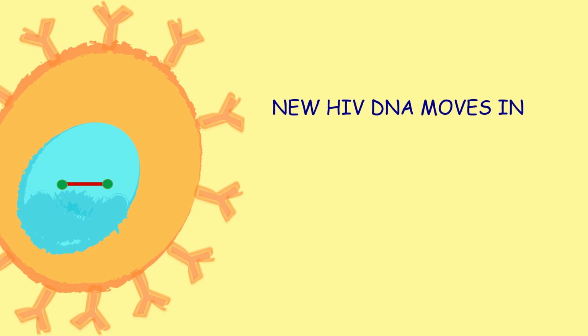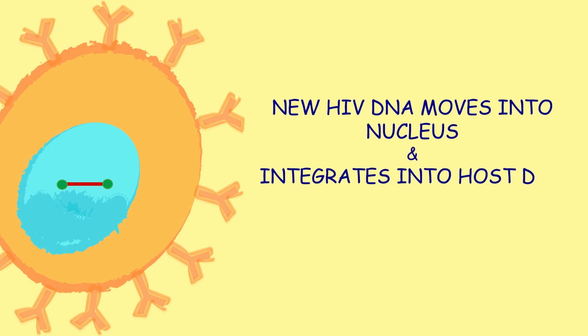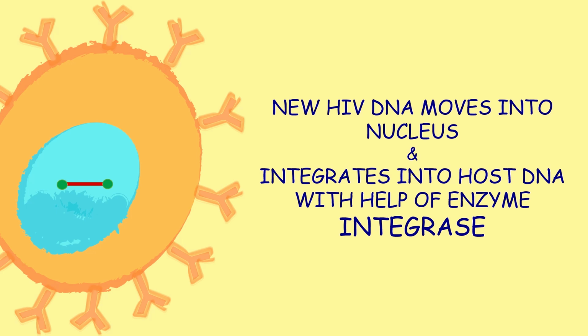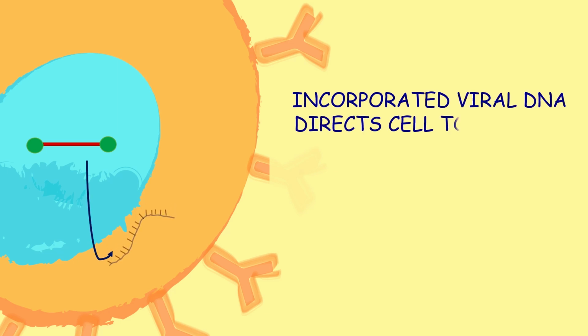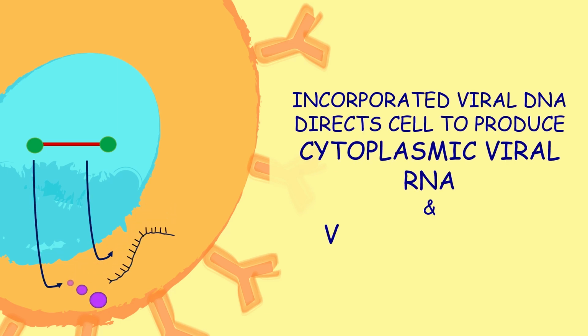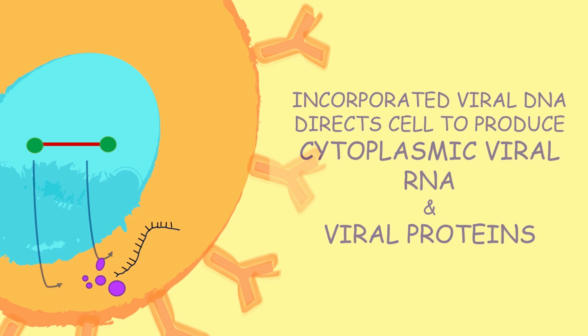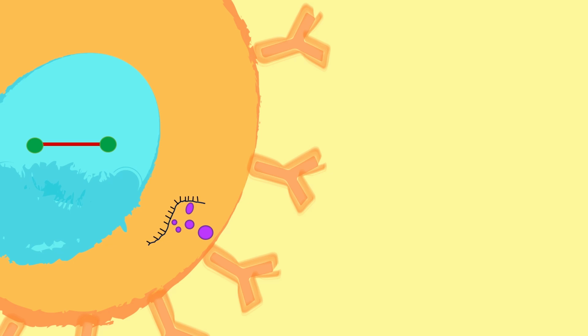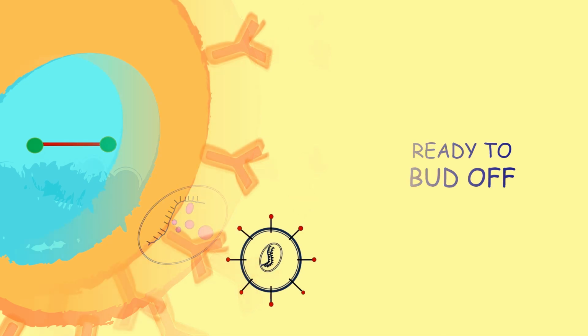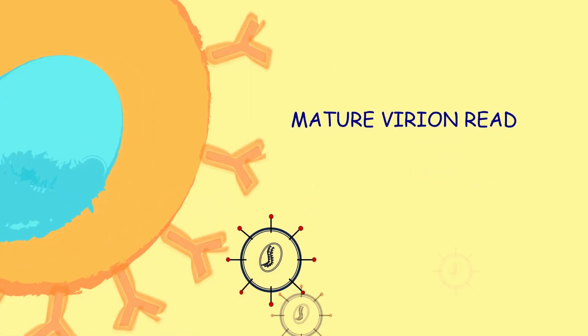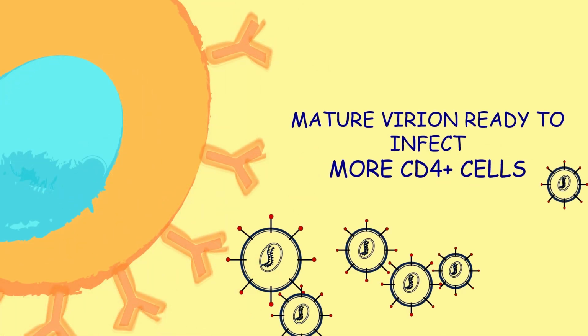This newly formed DNA moves into the host nucleus and integrates into the host DNA with the help of the enzyme integrase. This incorporated viral DNA directs the cell to produce cytoplasmic viral RNA and viral proteins. Formed essential proteins and genetic material assemble and are ready to bud off. This is how the cycle continues and various mature virions are ready to infect more CD4 cells.